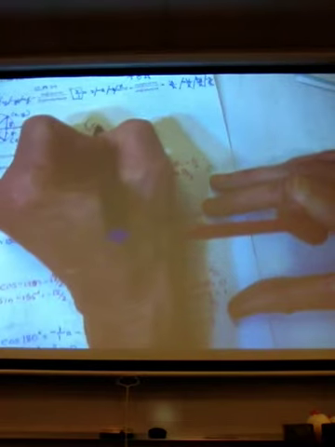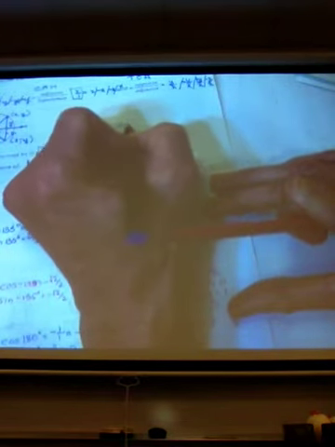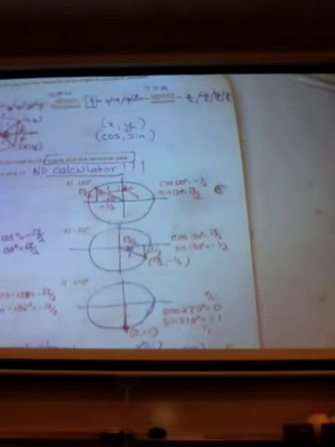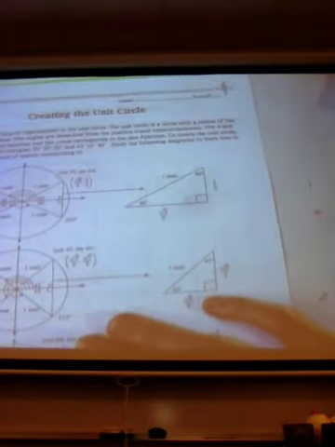Okay? Cosine is the x, sine is the y, because the hypotenuse is always 1. Okay? So if you look at this, there is nothing for you to do, just for you to understand. I have it all here.